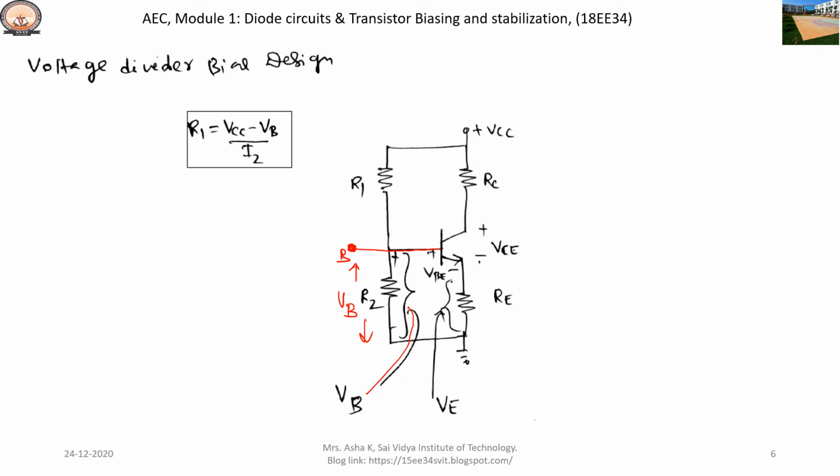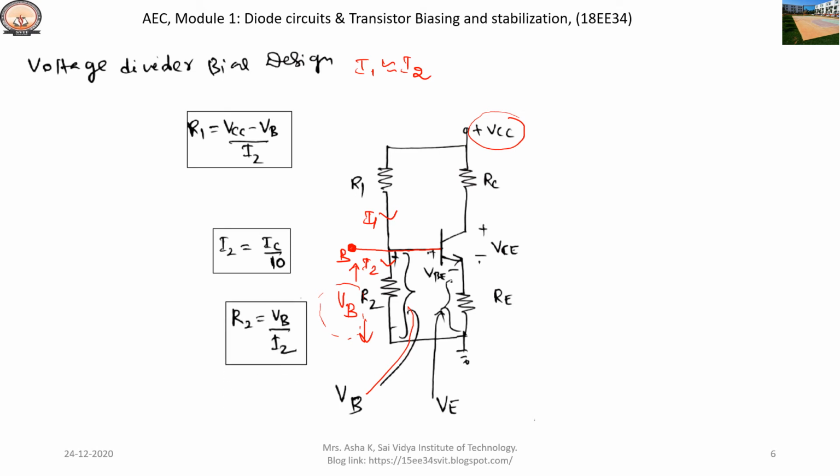Hence, the resistance R1 is equal to VCC minus the other voltage VB, divided by the current I1. Here, the I1 current is almost equal to the I2 current. Second, the current I2 is calculated using the relationship: the collector current divided by 10.